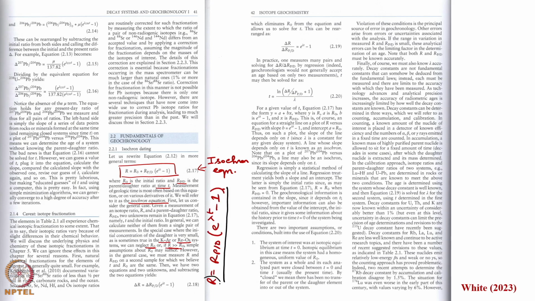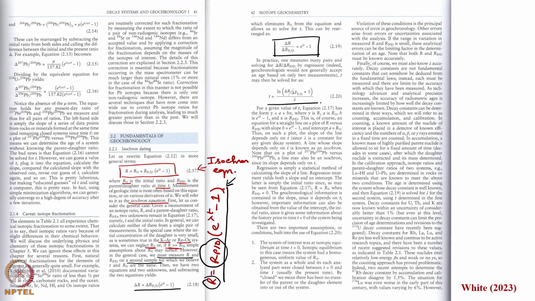Now, R and Rp/D can be measured from two samples, and if I subtract two such equations one from another, we get delta R equals delta Rp/D times e to the power lambda T minus 1. Now, from here we can write delta R divided by delta Rp/D is equal to e to the power lambda T minus 1.